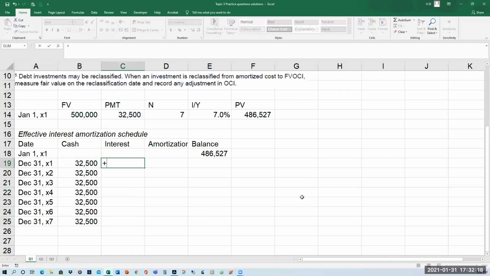Of course, the interest income will be calculated based on the effective interest rate of 7% multiplied by the beginning of the year balance on the loan. And I just like to round numbers to the nearest dollar.